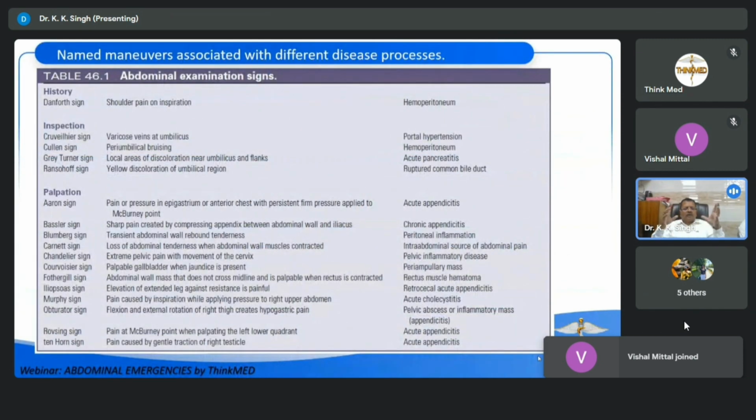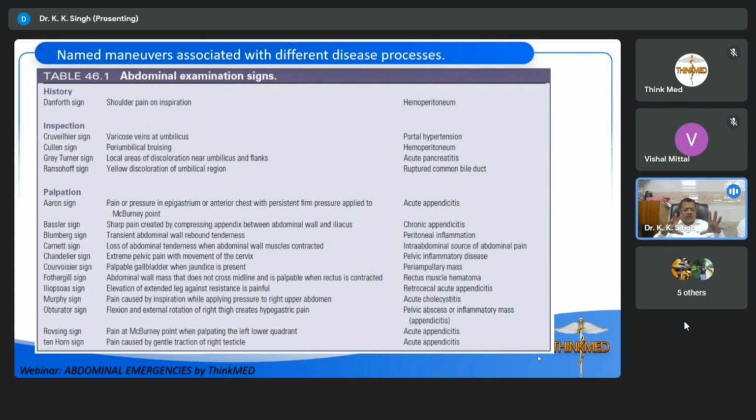So there are lots of signs. These are specific signs which are enumerated here. If you are preparing for your NEET examinations or something like that, then you need to know these tests, and it will depend upon your caliber how many you can remember. But these are important if you are going for good marks, and each test has to be understood separately.